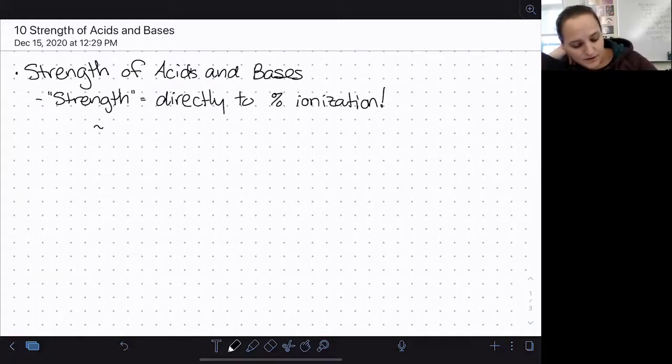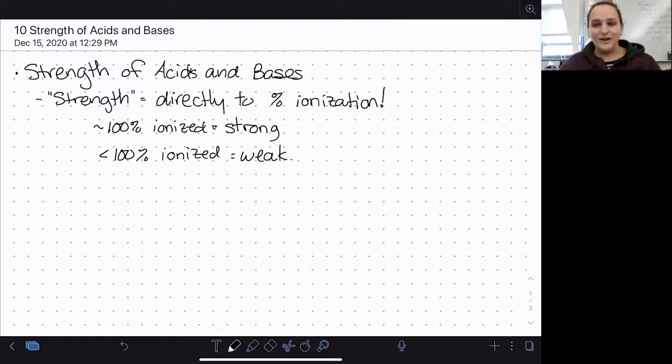So if something is pretty much 100% ionized in water, we call it strong. If something is a good bit less than 100% ionized in water, we call it weak. But there's a whole lot of territory in the less than 100 range. So things can be stronger or weaker within that category.